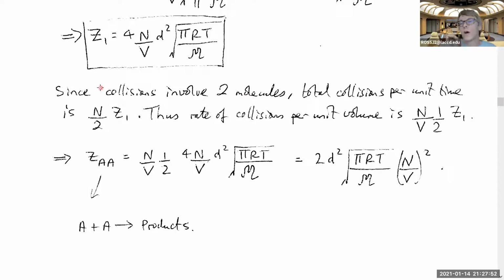However, that's for one object A moving through that volume. However, since collisions, and we're looking at collision theory now, since collisions involve two molecules at least, you can't collide with yourself. You need to collide with another version of you, potentially. But since collisions involve two molecules, total collisions per unit time, we have this factor of 2 here.